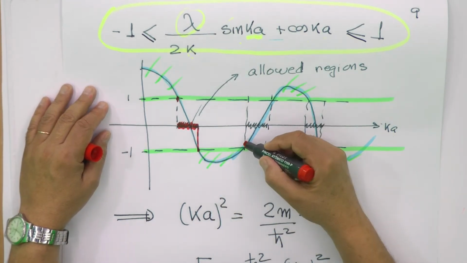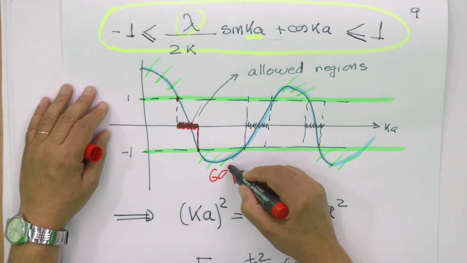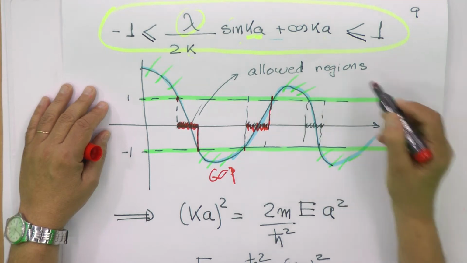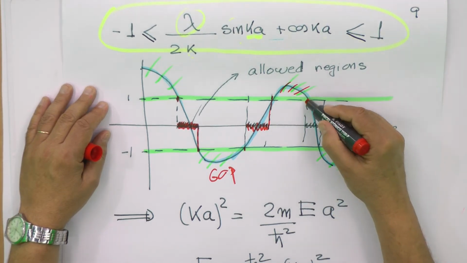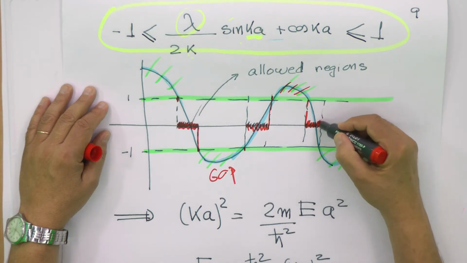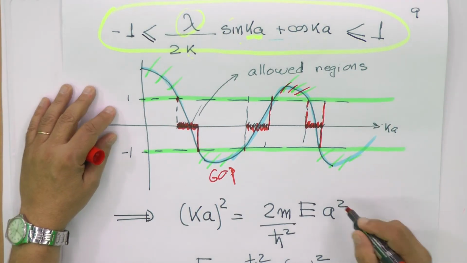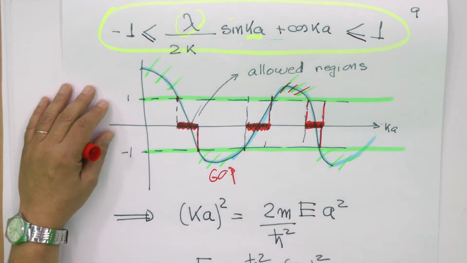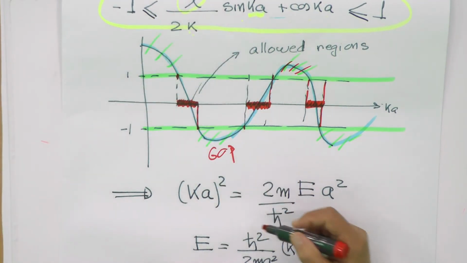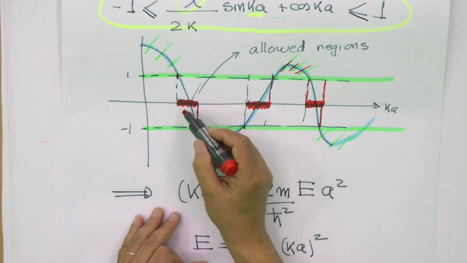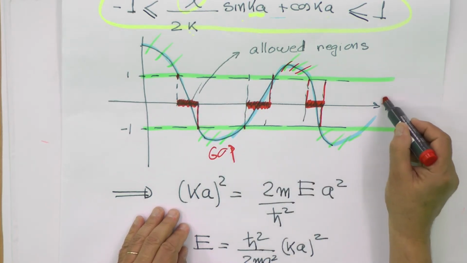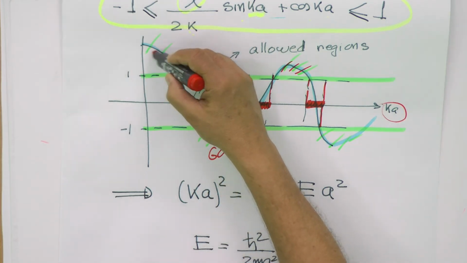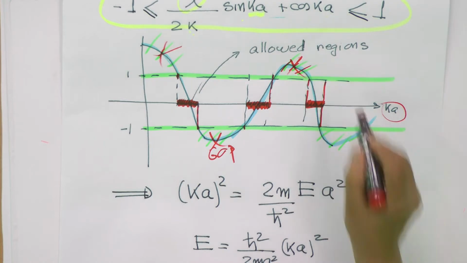Then we jump this part, this is a gap, and come to this part, between minus 1 and 1. Another gap, plus 1 to minus 1. So you see that I have small intervals of Ka that are allowed. It's not any energy that's allowed. Only energies that are in these intervals of Ka. Interesting, right? Because the rest of it is not allowed. It's forbidden.